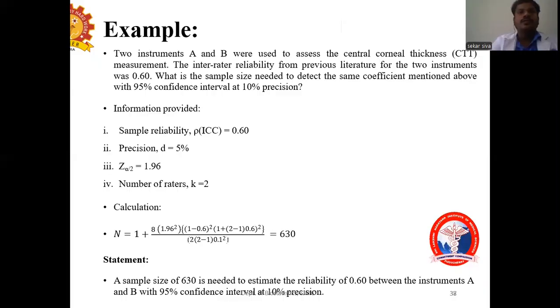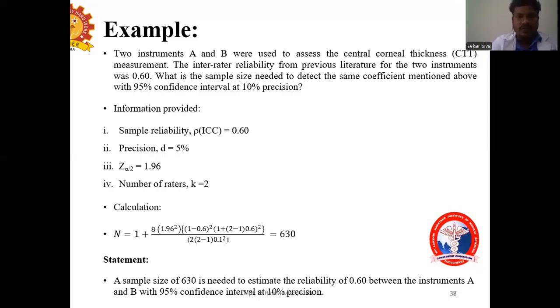The two instruments A and B were used to assess the central corneal thickness, CCT, measurements of inter-rater reliability. From previous lectures, the ICC correlation value is 0.60. The sample size needed to detect the same coefficient mentioned above with 95% confidence interval and 10% precision.